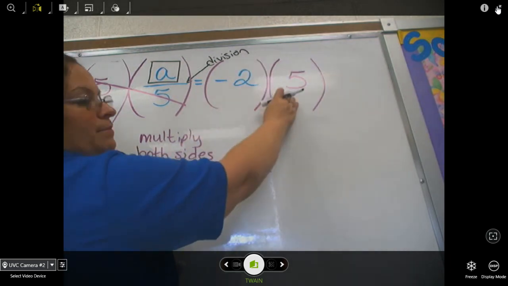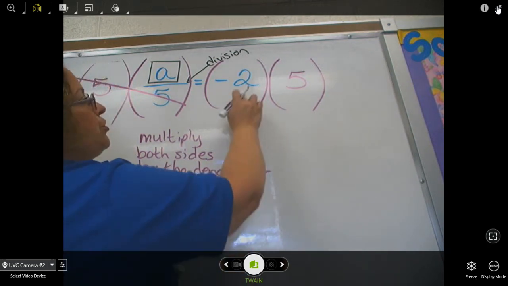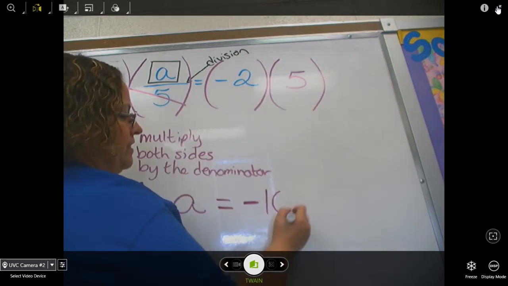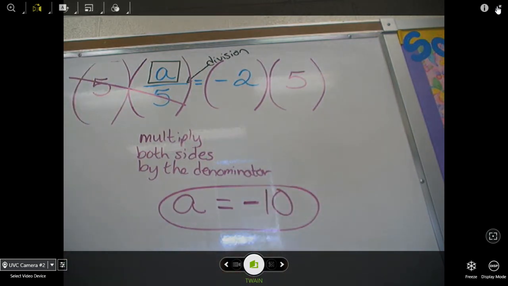A negative times a positive is always negative. We learned that with our sign rules. 2 times 5 is 10. So your answer is A equals -10. Okay? So those are all one-step equations. Tomorrow we're going to look at two-step equations. Alrighty?